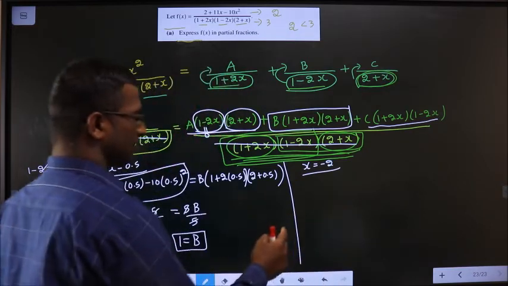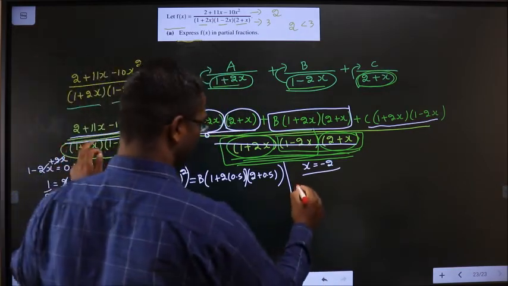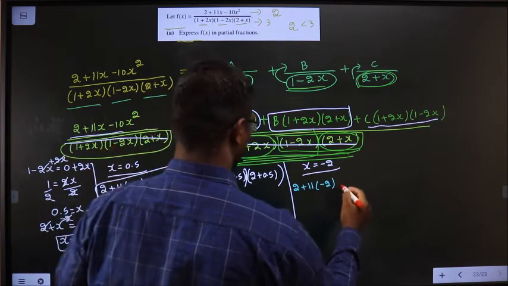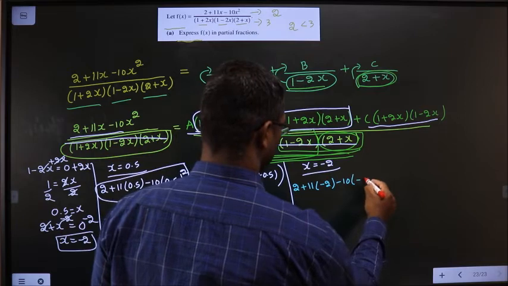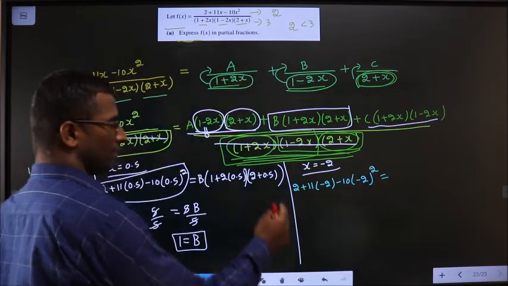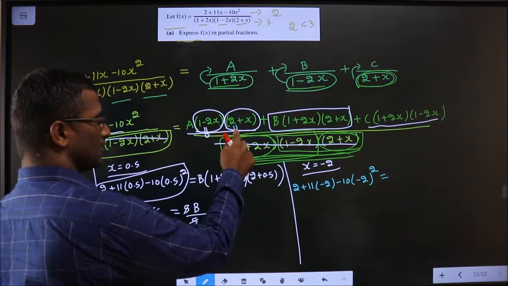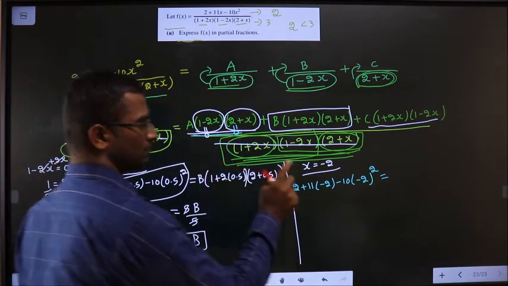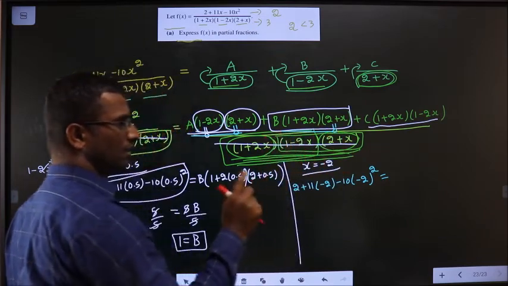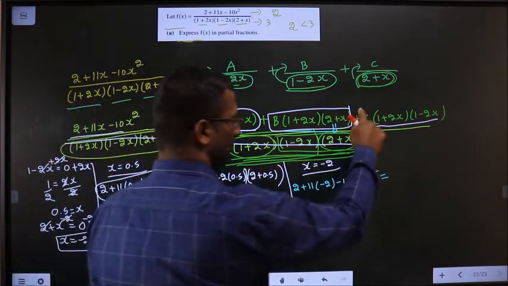So when I take x equal to minus 2, this will become 2 plus 11 times minus 2 minus 10 times minus 2 whole square is equal to, when x is minus 2, this is 0. 0 into anything, gone. When x is minus 2, this is 0. 0 into anything, gone. Now left only with this one.